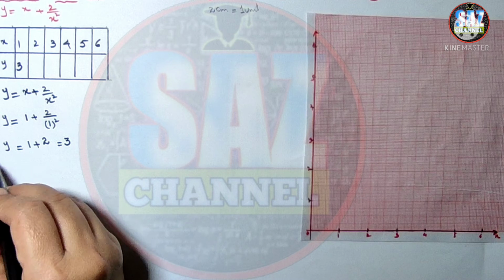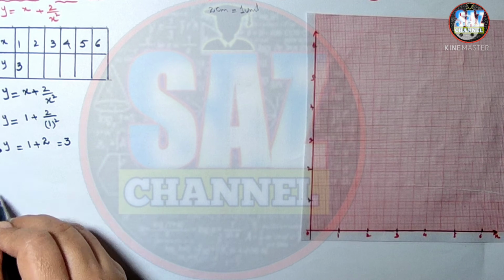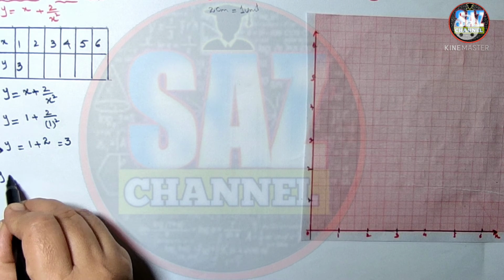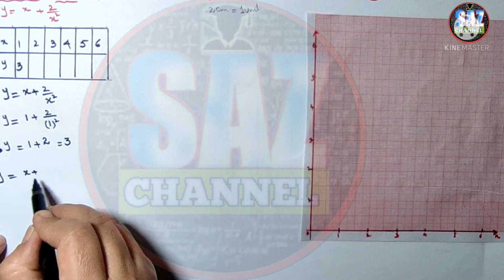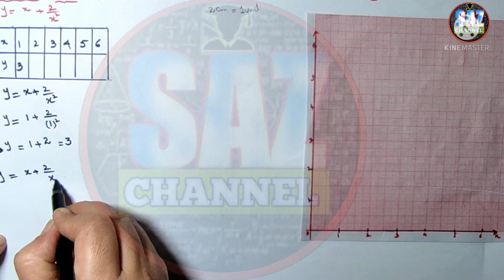Now for the second value, y equals x plus 2 over x square.